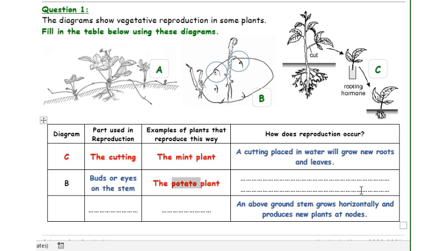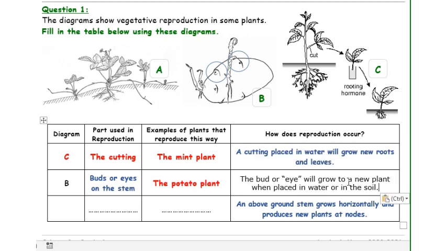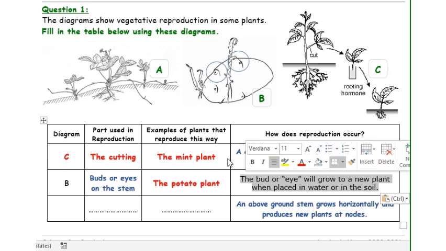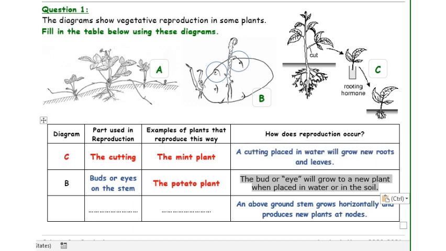So the eye or the bud will grow into a new plant when we place it in water or in the soil.